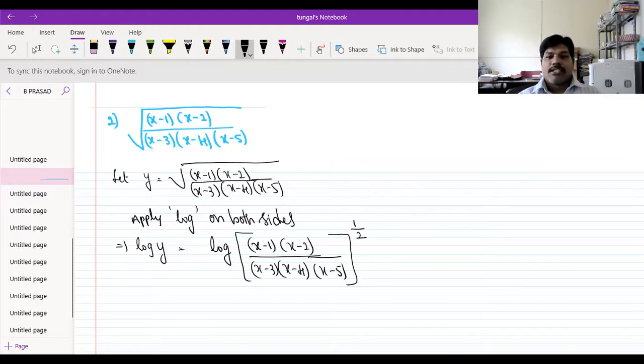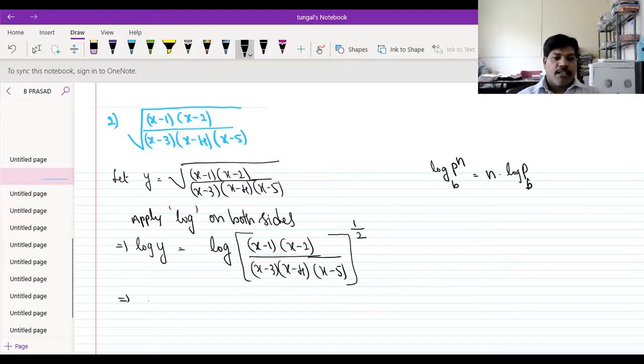What are the formulas in logarithms? Already you know that log of p power n base b can be written as n log p base b. So the first formula we are going to use is this.